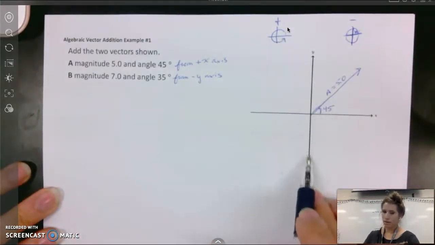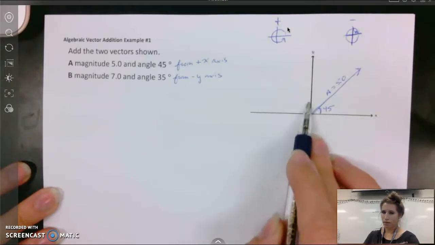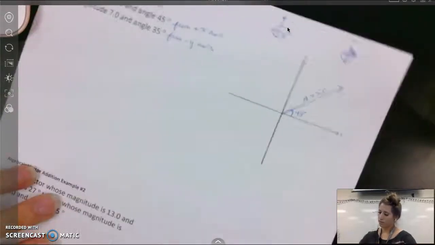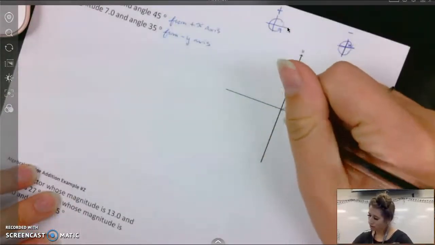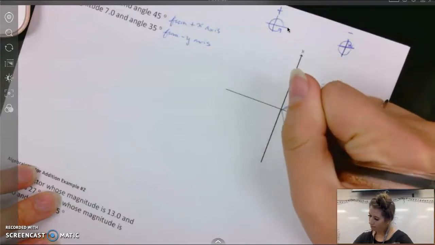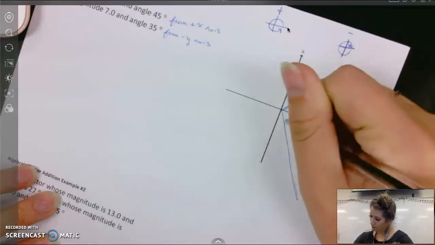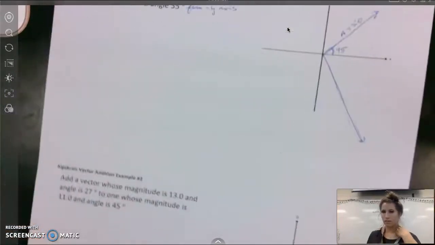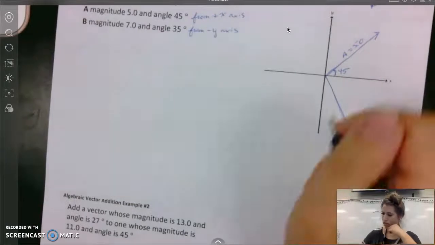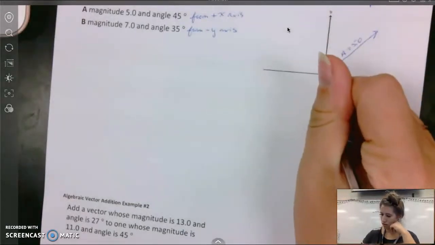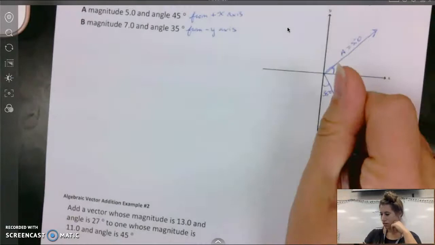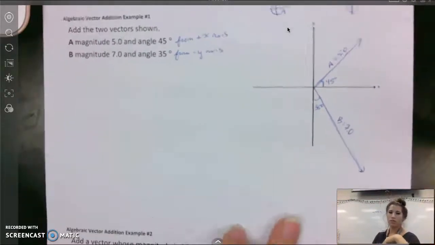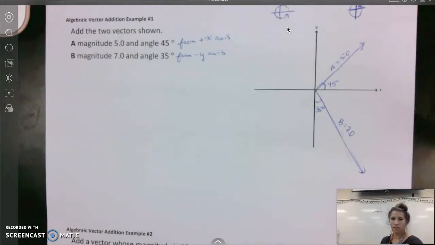So if I'm at my negative y, I'm going to go positive degree direction 35 degrees. This is bigger. This is 7. I need to make that proportionally larger. Okay. And then this is 35 degrees. This is vector B, and it's 7 units, whatever units we're going to be working with.